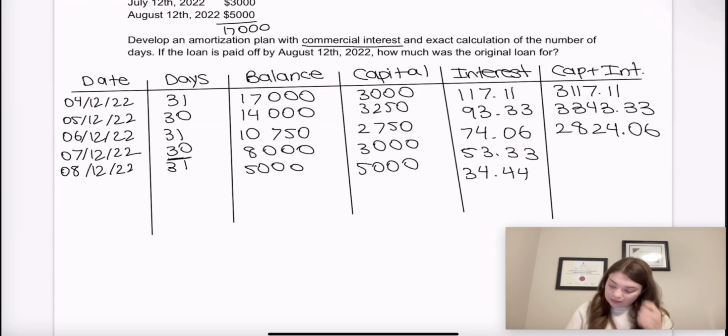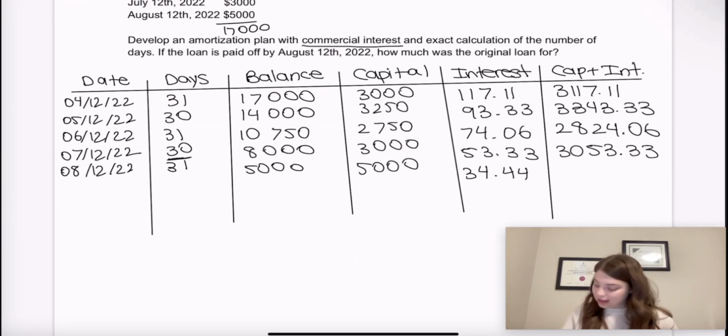Then in the next one, we have $3,000 again plus $53.33. So that's $3,053.33 for the overall payment. And then for the last one, $5,034.44. So there we go.